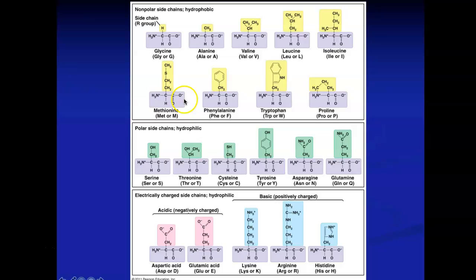All right. You also have hydrophilic amino acids, and there are 1, 2, 3, 4, 5, 6 hydrophilic amino acids. What do these R side chains all have in common? I see a nitrogen and an oxygen, oxygen, nitrogen, oxygen, sulfur, oxygen, oxygen.